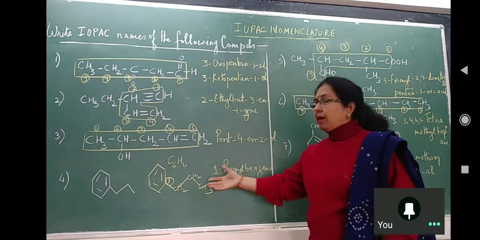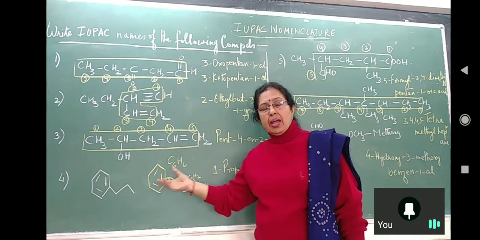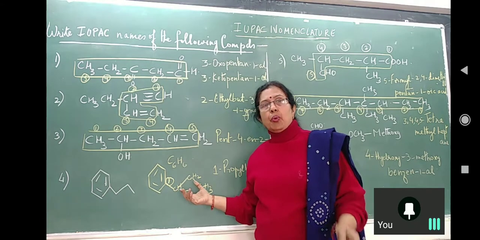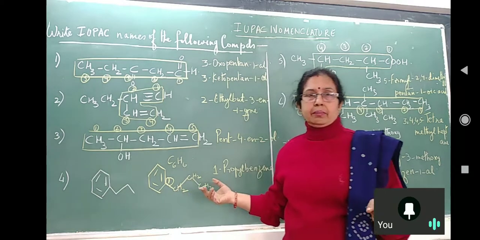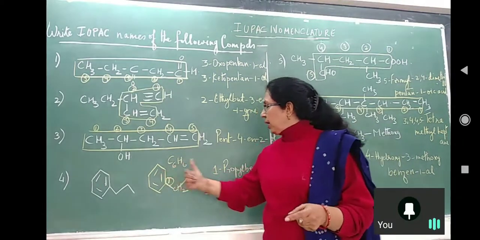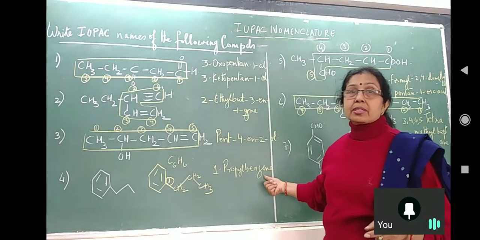Okay, I will tell you the rule here. If there is a cyclic compound and a side chain, the one which has the larger number of carbon atoms forms the root word. Here it is 6 carbon atoms and here it is 3. So benzene will be the root word.